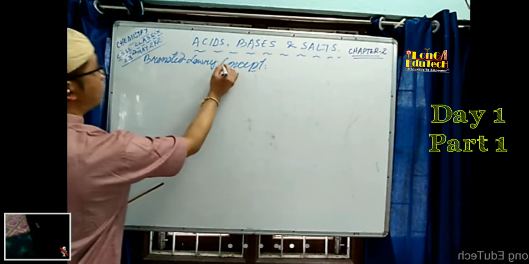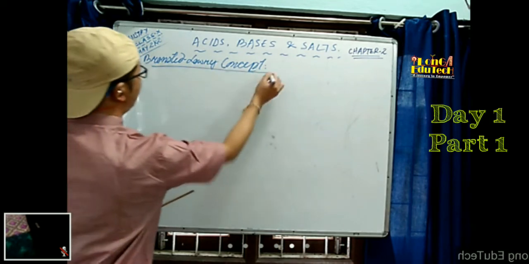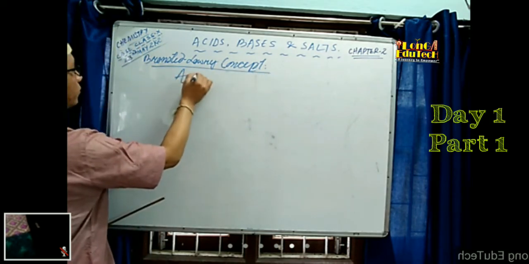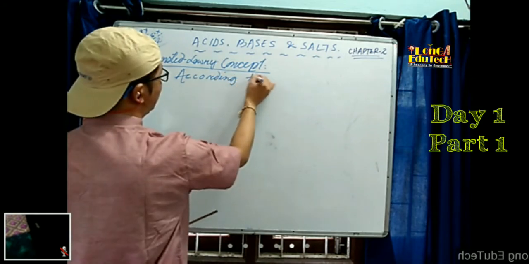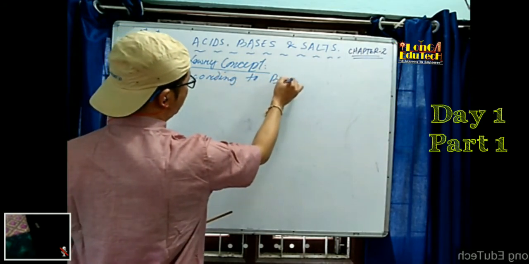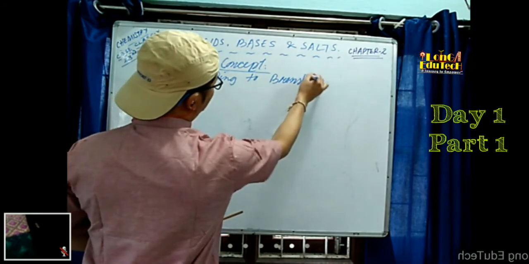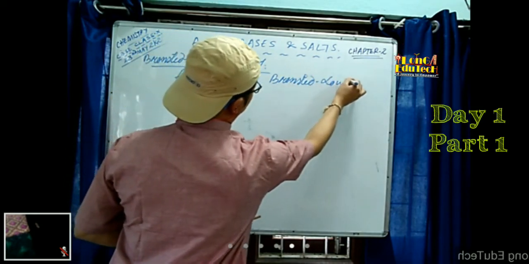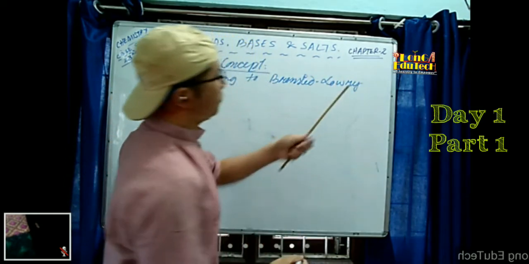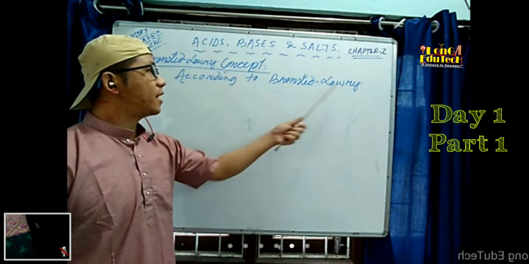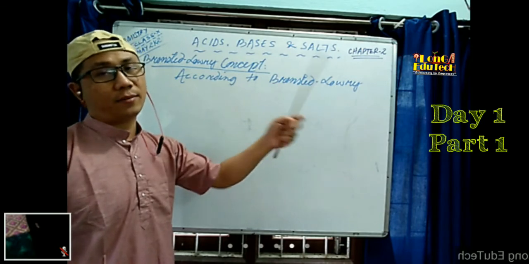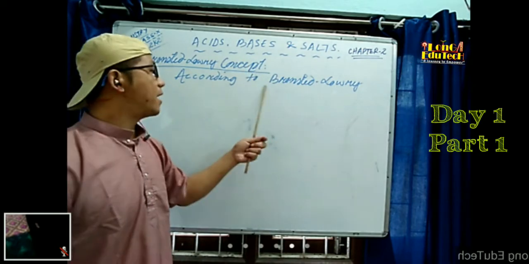Actually, Bronsted and Lowry are two scientists. Bronsted is the name of one scientist and Lowry is also the name of a scientist. Together, they found this concept.